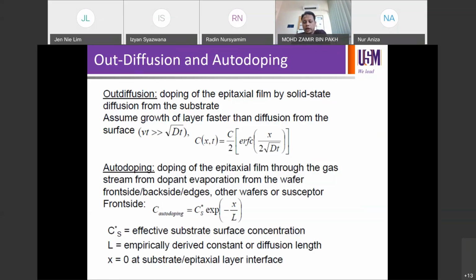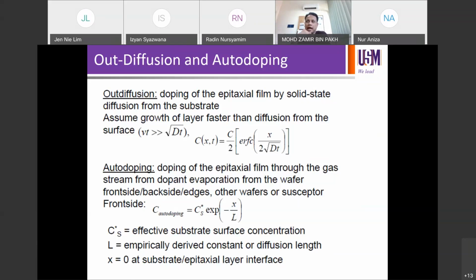And in fabrication, we also have something that we call out diffusion. Out diffusion is to out diffuse certain impurities from your layer to the outside world, maybe to the adjacent layer. Out diffusion here, for example, means doping of the epitaxial film by solid state diffusion from the substrate.